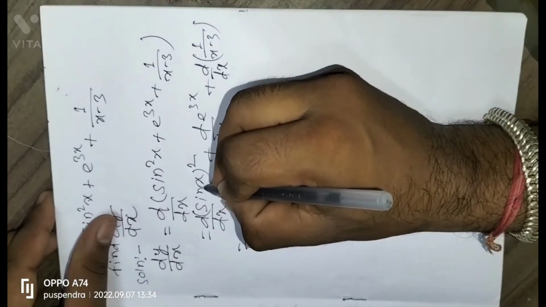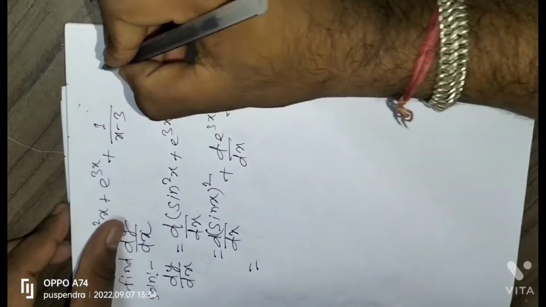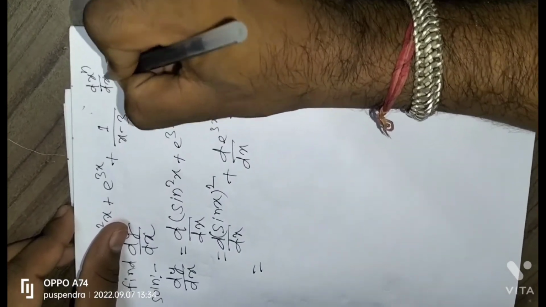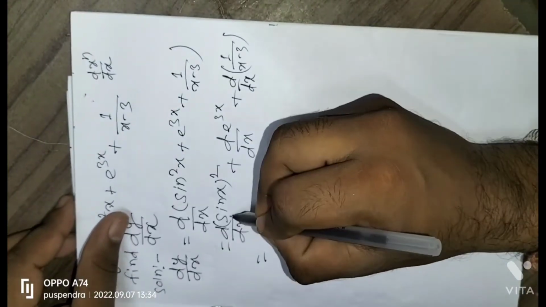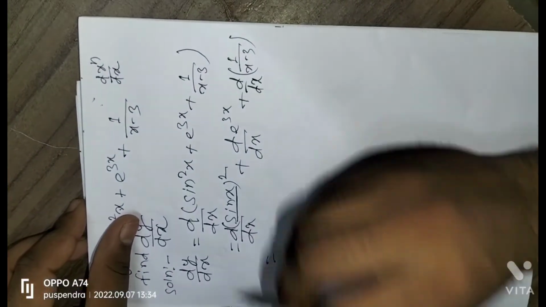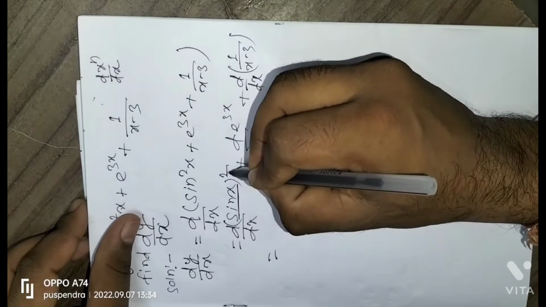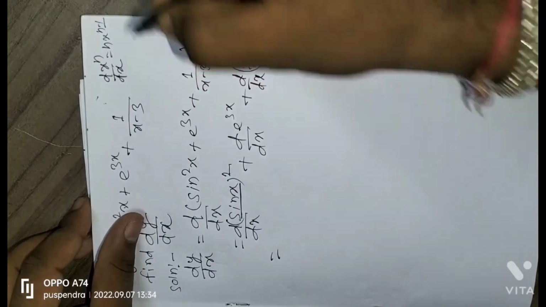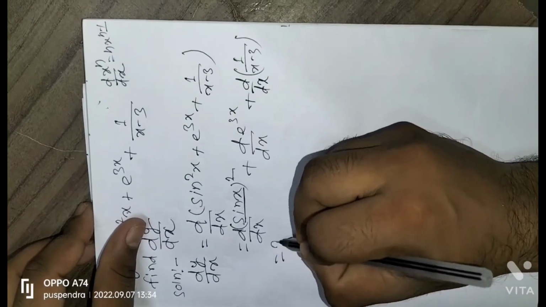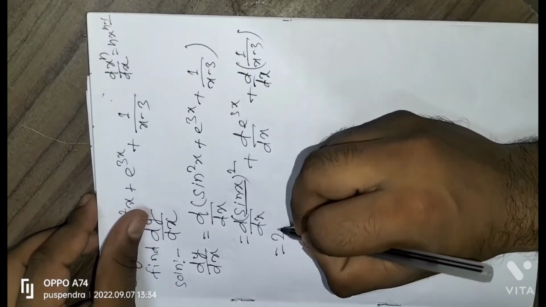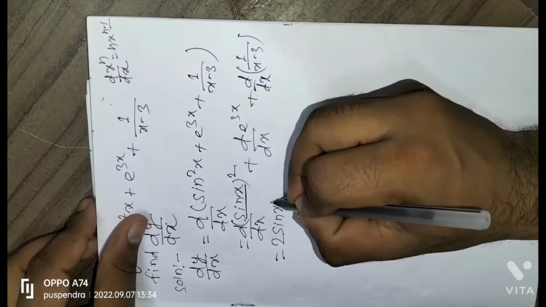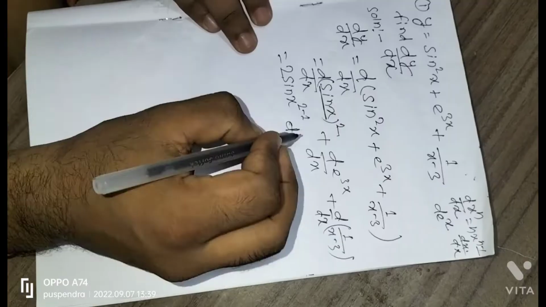Now this is in the formula of derivative of x to the power n by dx. So sin x is x and 2 is n. So what is the formula of this? It is n x to the power n minus 1. So n is 2 and x is sin x, and again n minus 1, so 2 minus 1.